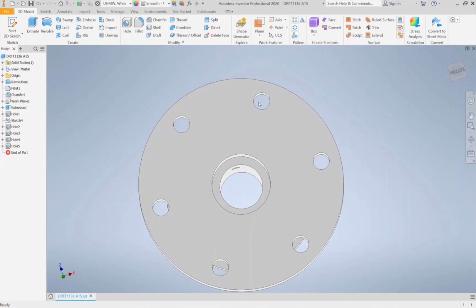So we have 1, 2, 3, 4, 5, 6, and technically we have 7 because there's a hole through the surface here. So there's 7 holes. Now if the question said how many bolt holes are there on the flange, the answer would be 6.